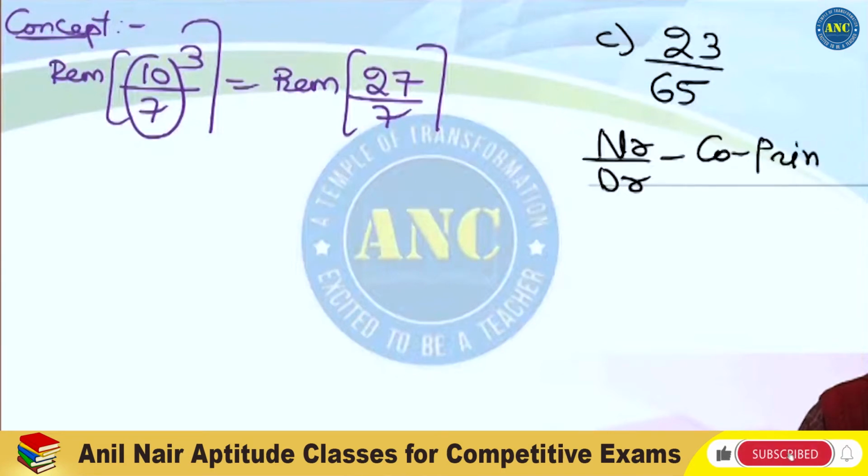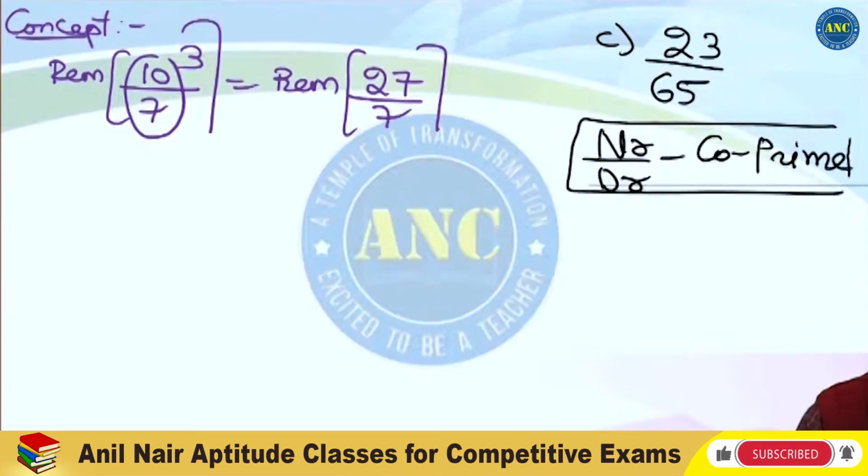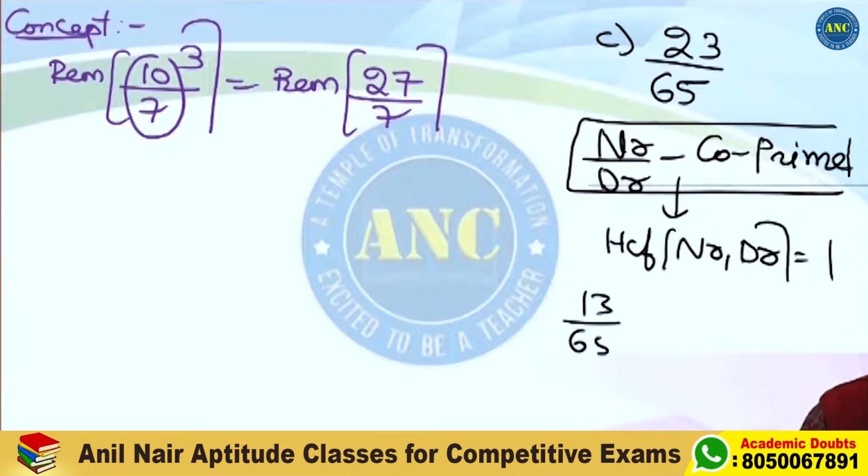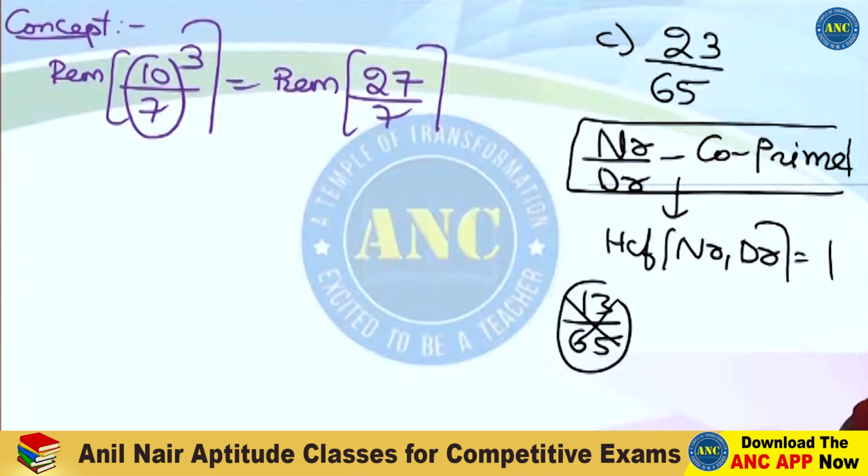In a hurry, I took 13 and 65, but these both are not co-prime. Thank you for correcting, Sriram.